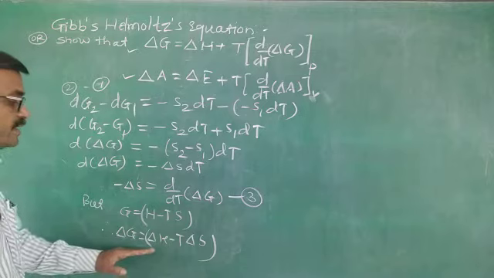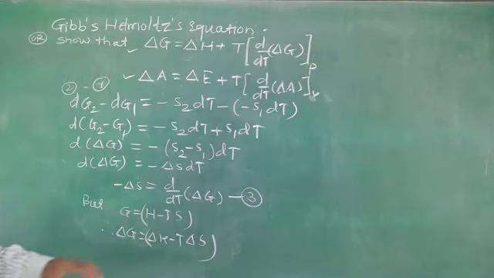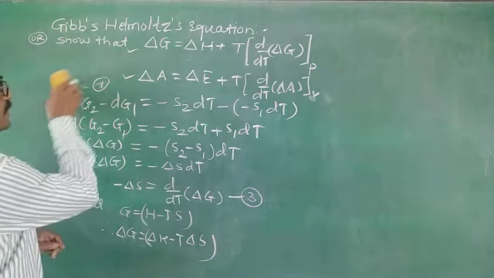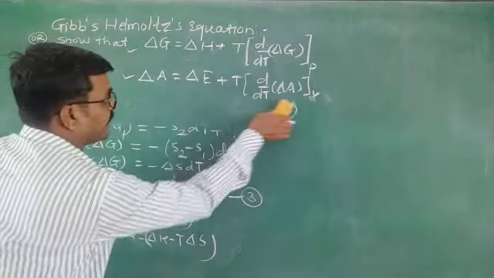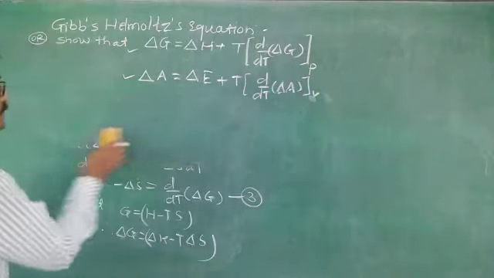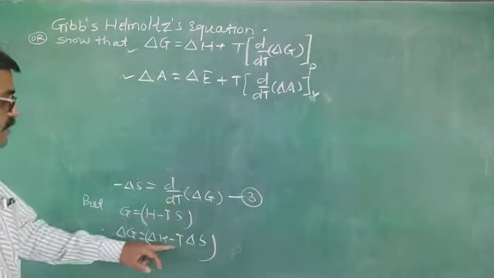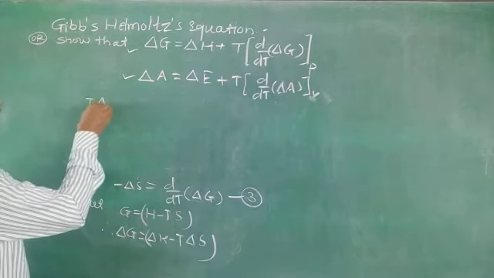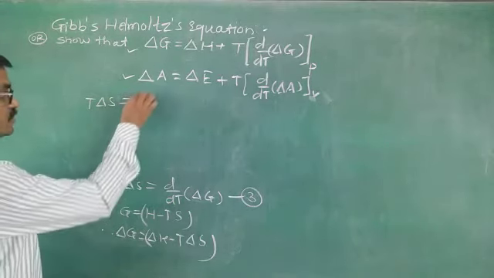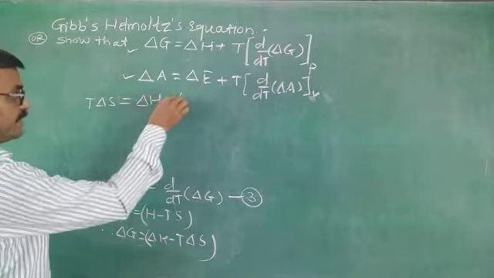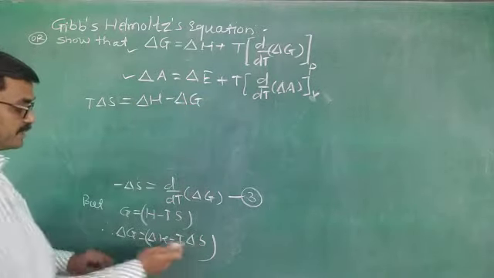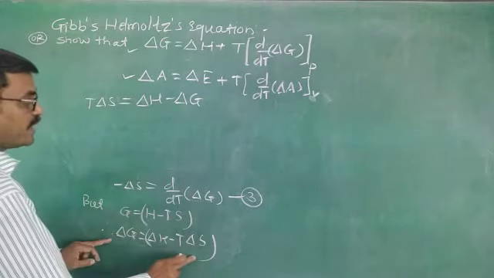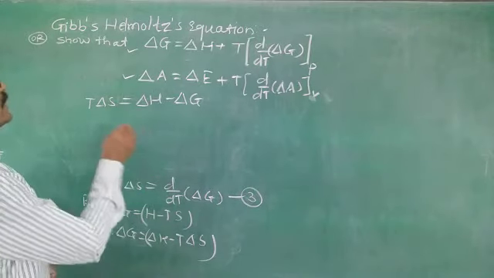Now further, minus T delta S when it comes to the left hand side, T delta S is equal to delta H minus delta G. It comes to this side and this comes to the RHS.